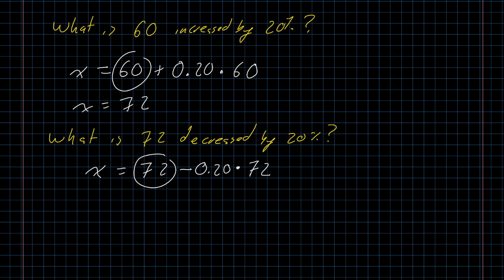Then we grab out our calculator. And my calculator tells me that this is 57.6. Since I've only got two significant digits going on here, I guess I'll round that and call it 58. But definitely not 60. And that can be a problem.